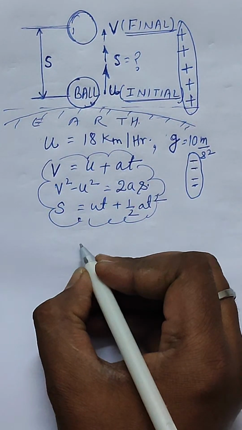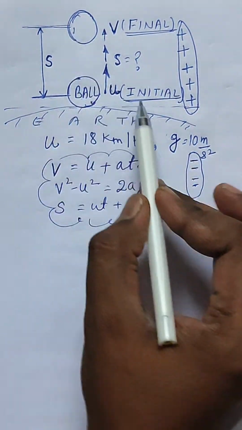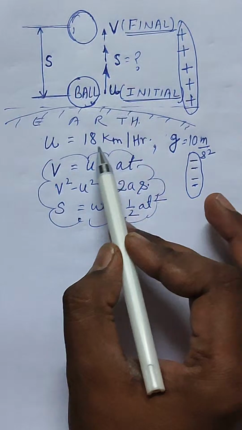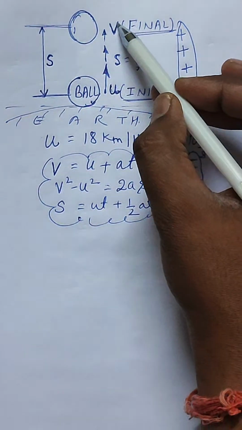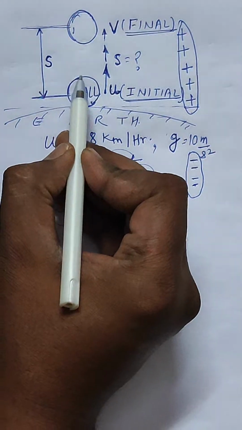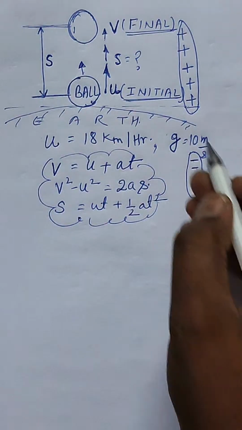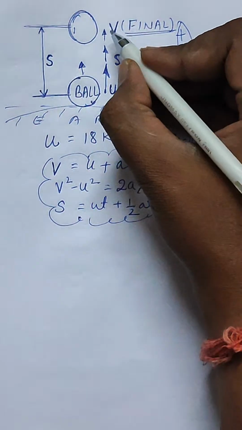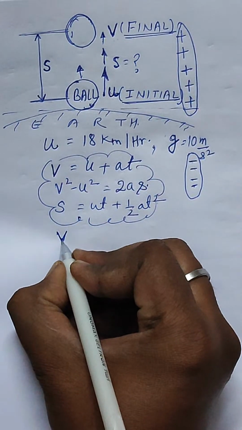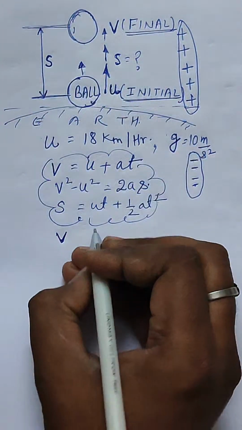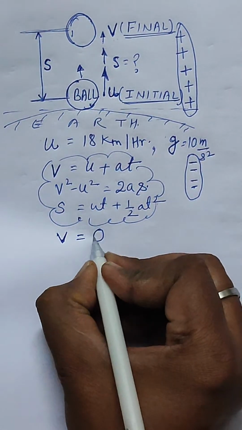Now the ball is kicked off with some initial velocity, that is 18 kilometer per hour, and it reaches a final position. Definitely the ball goes in this direction, and after reaching the final position, what will the ball's final velocity be? Definitely the ball will not go beyond this position, so the final velocity, represented by v, is equal to 0.